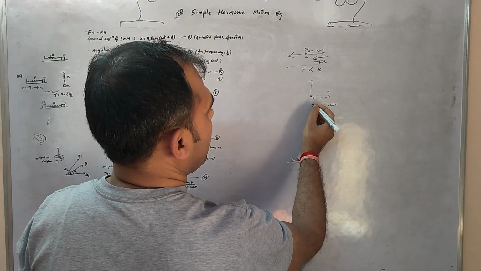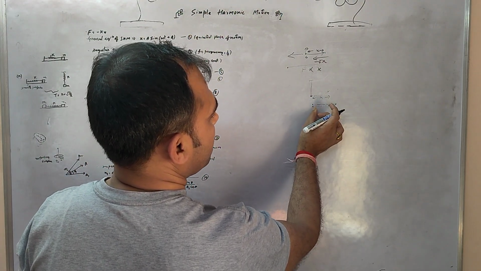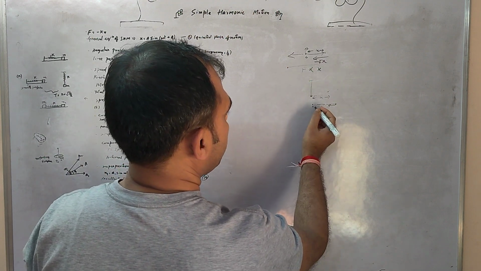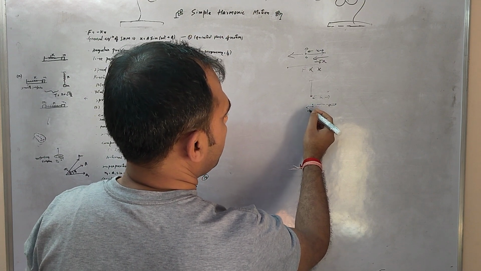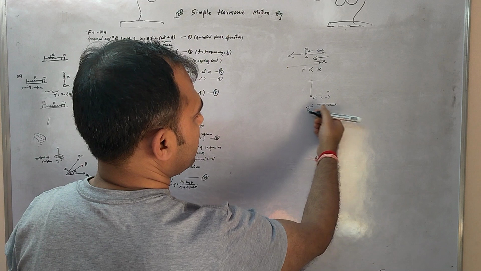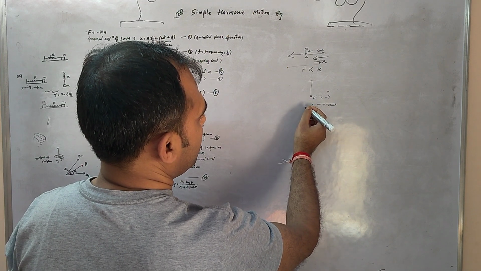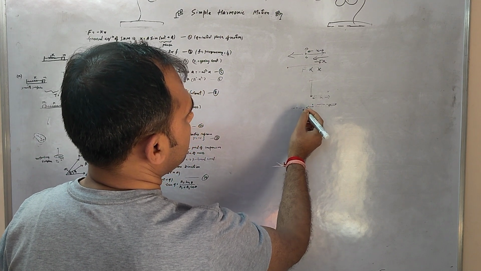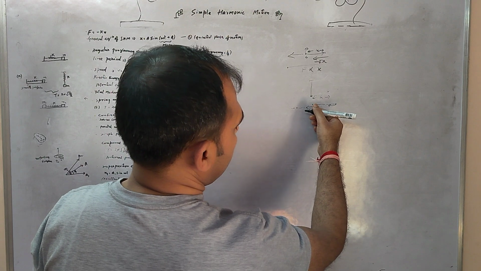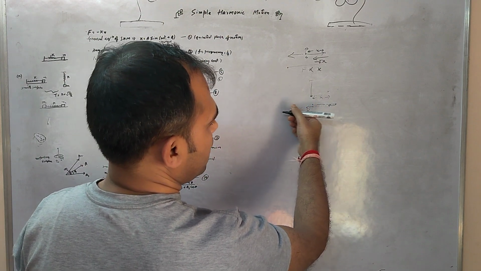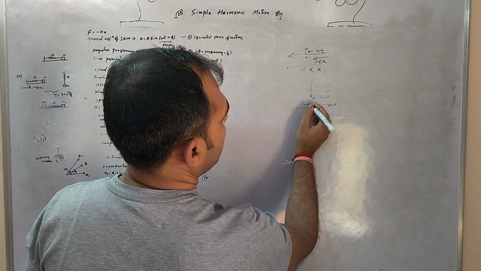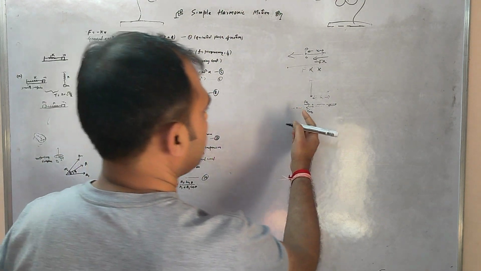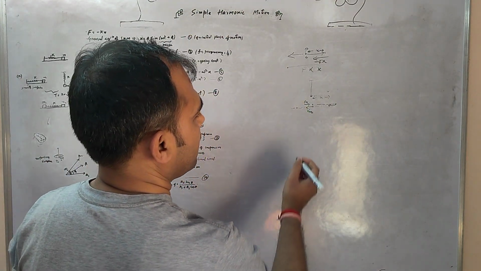Now displacement x becomes 0, so restoring force will also become 0, but here it has already gained a velocity that will again compel it to move towards the other direction, and as soon as it starts moving in the opposite direction, restoring force will again start acting, that is proportional to x and is equal to minus kx.